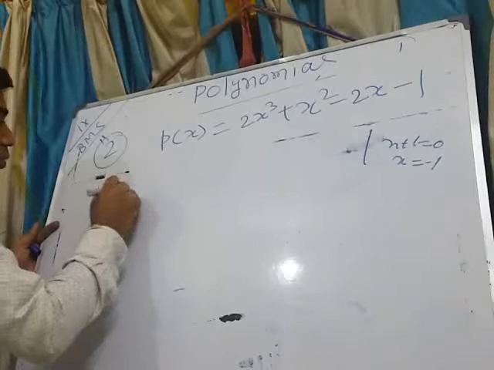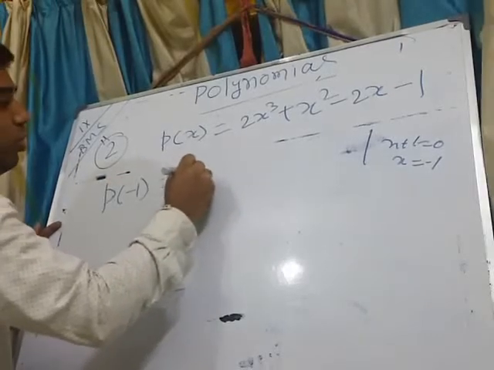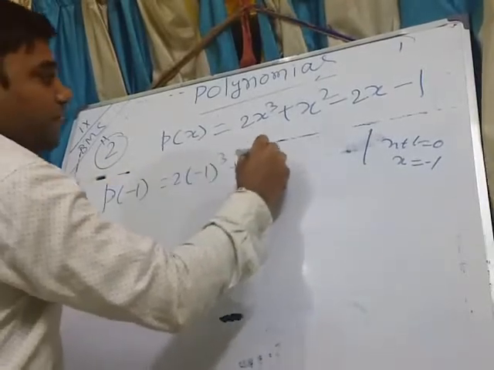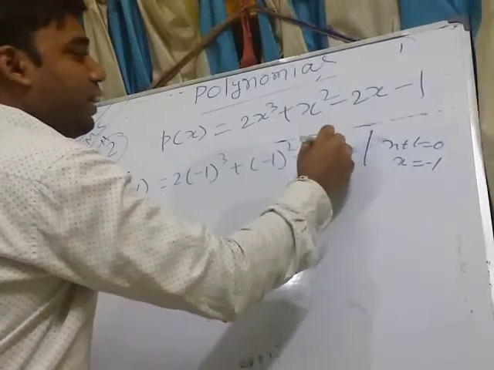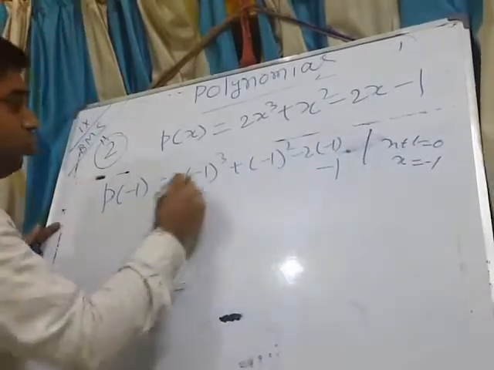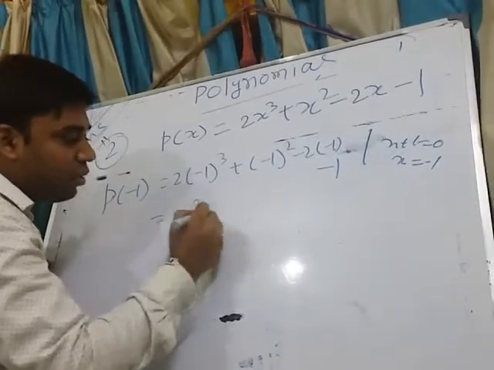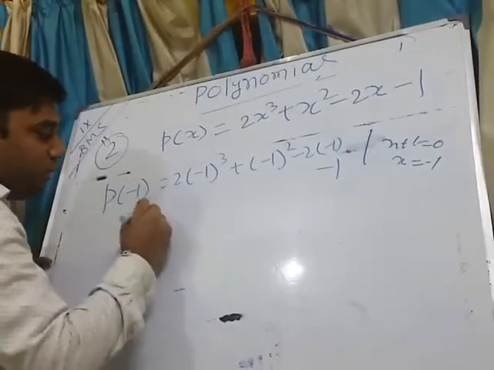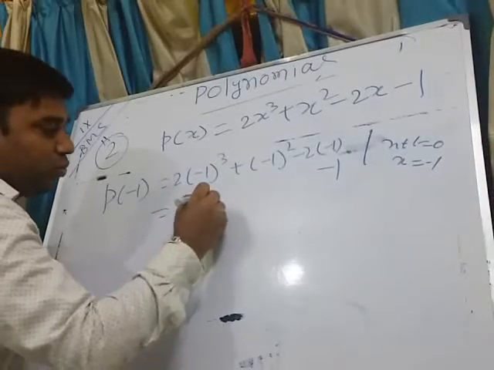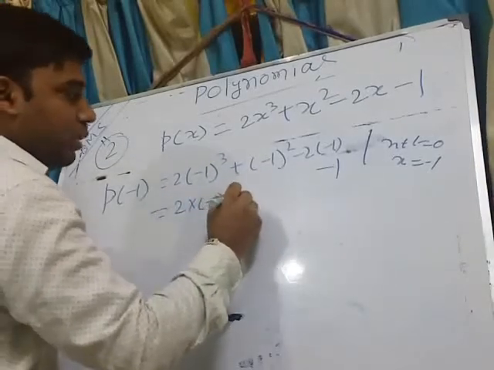Now p of minus 1 equals 2 into minus 1 cube plus minus 1 square minus 2 into minus 1 minus 1. So 2 into minus 1 cube means 2 into minus 1, that is minus 2. Minus 1 square means plus 1.